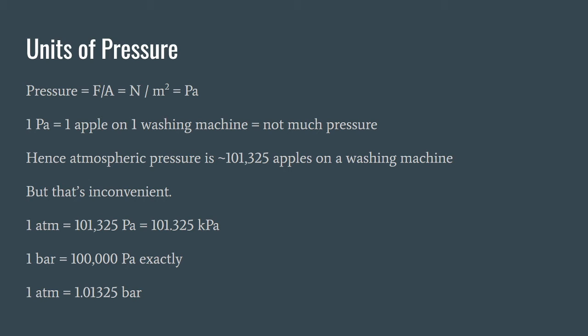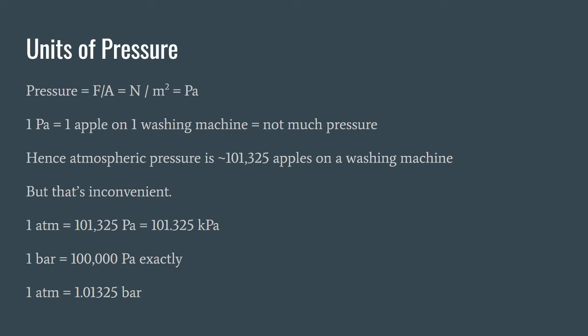Okay. However, pascals end up being fairly inconvenient because the pascal is just so small. So we tend to work in atmospheres, where 1 atmosphere is, by definition, 101,325 pascals, or 101.325 kilopascals.